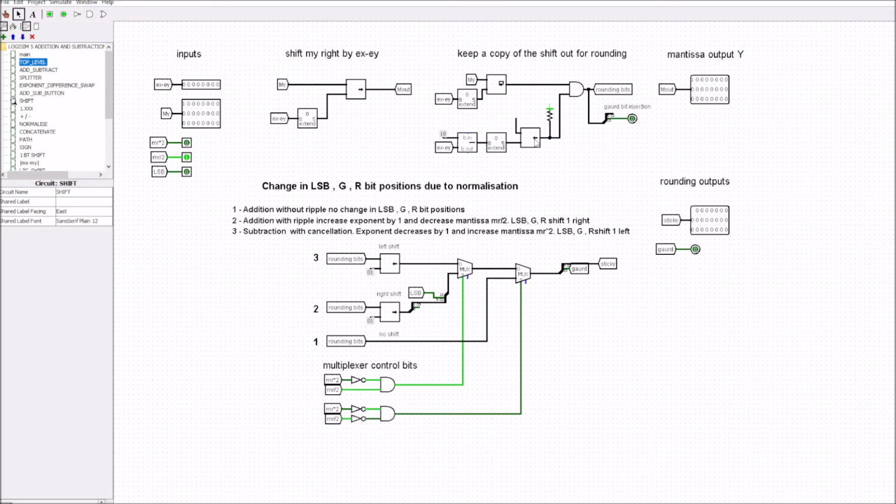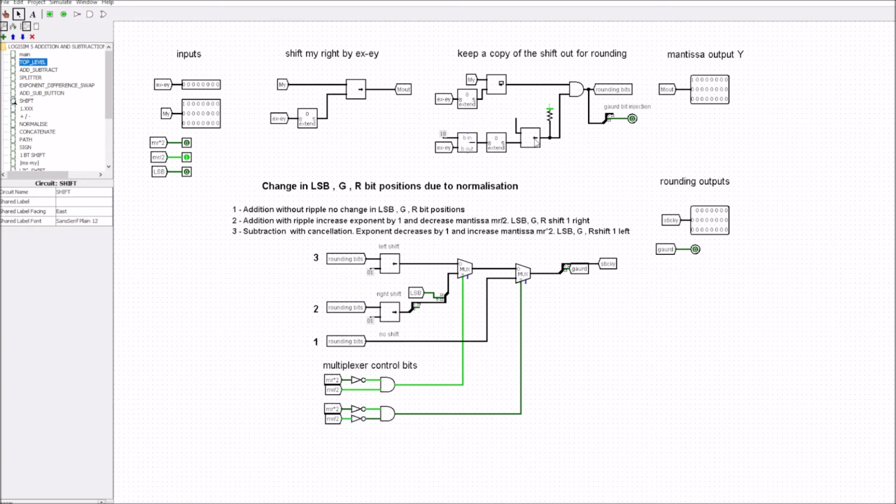What we said we wanted to do is take a note of the information that gets dropped off whenever we shift the Y value. So we needed to increase the exponent value for Y. Whenever we increase the exponent value for Y, we have to decrease the mantissa in order to keep the number the same.